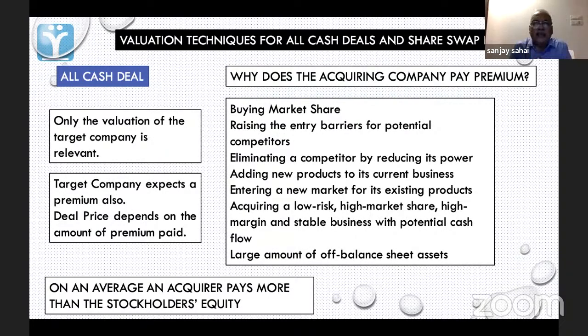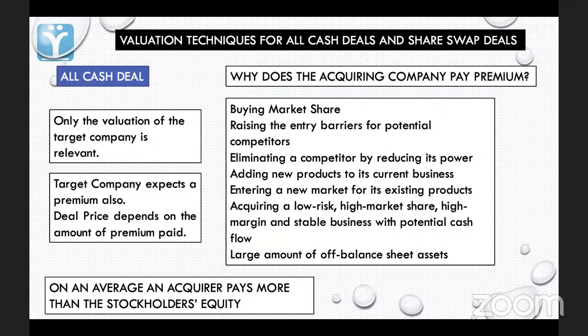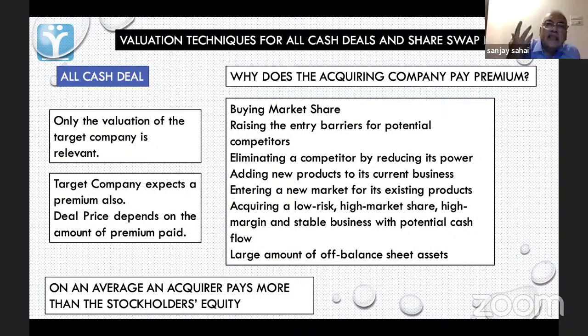What you need to understand is, जब हम value निकालते हैं किसी company का, it is necessary for me to think of the extra premium also. So I am not only thinking of the asset value or the value of the future revenues, I am also thinking of an extra premium. ये भी हम सोचते हैं कि some extra premium may have to be paid. How much premium should be paid?